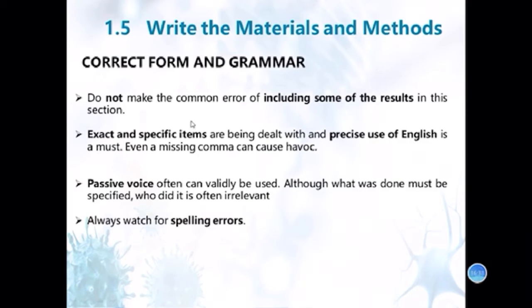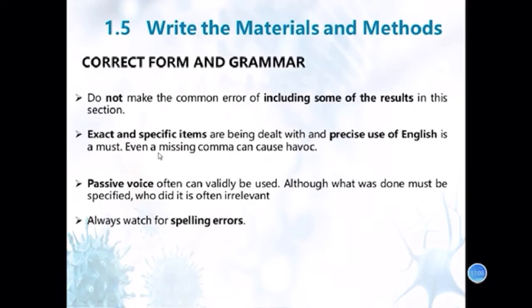Here, for correct form and grammar, you should pay attention. Do not make the common error of including some of the results in this section. Do not include the results. Exact and specific terms are being dealt with, and the precise use of English is a must.